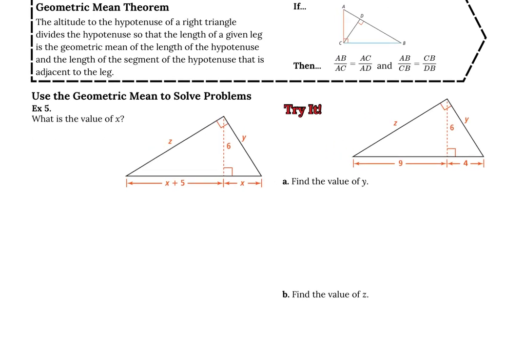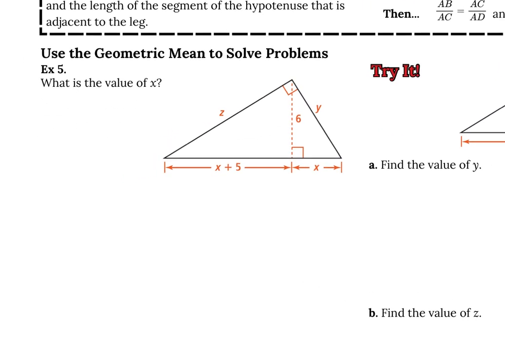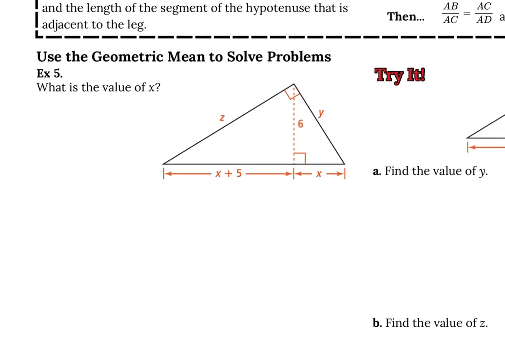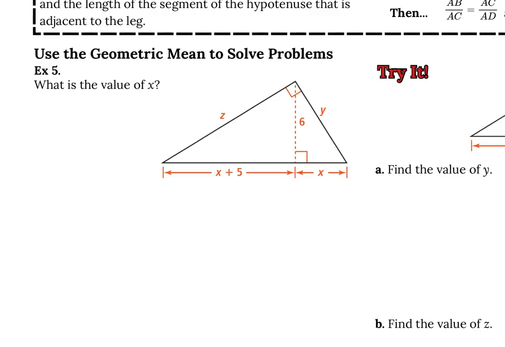Okay, so let's look at example 5. What is the value of x? Okay, so we have our segment here, x plus 5, and then our other segment, which is x. So we're going to set this up.